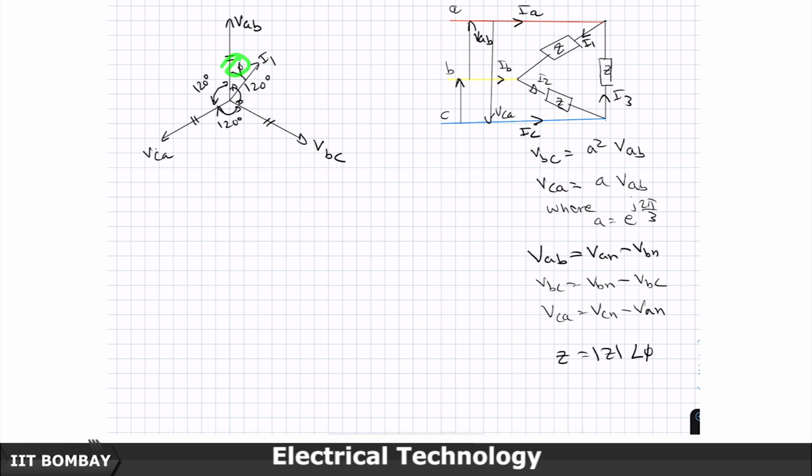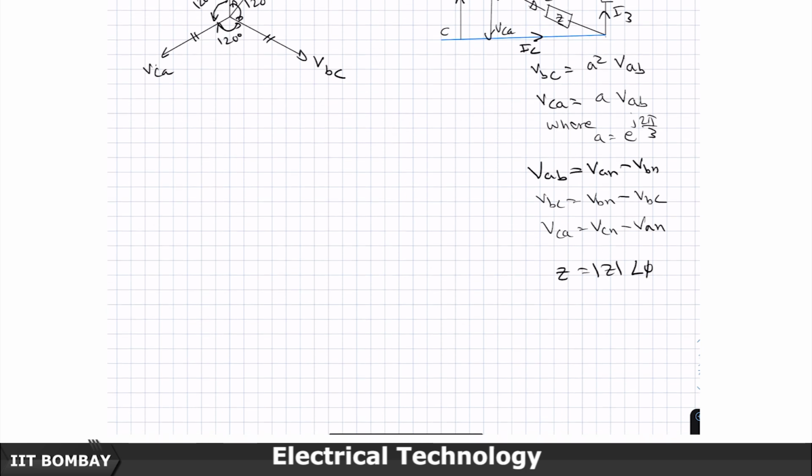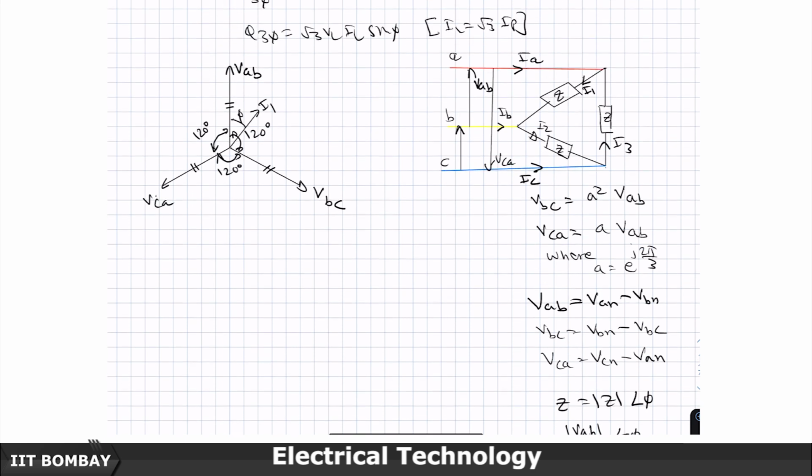That is why I have said that the current that it is drawing, which is the magnitude VAB by Z, taking VAB as reference, will be a lag of phi, which is what I have drawn here.